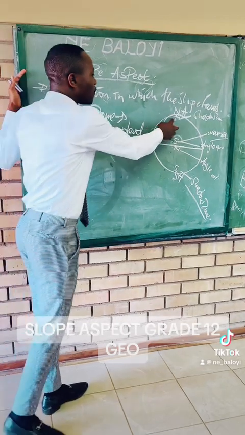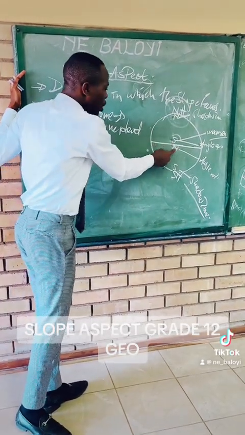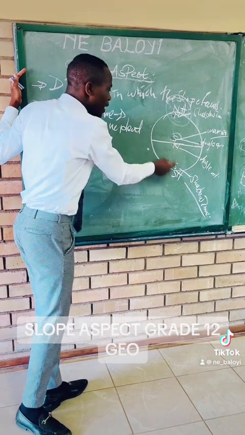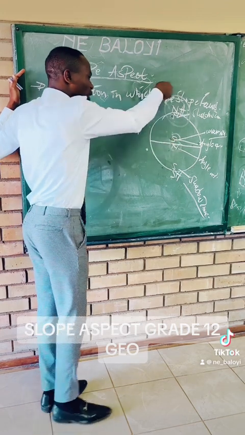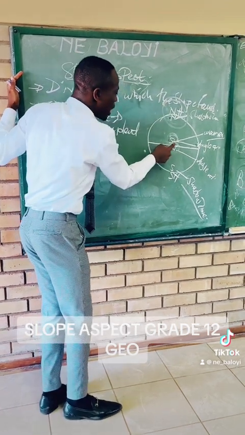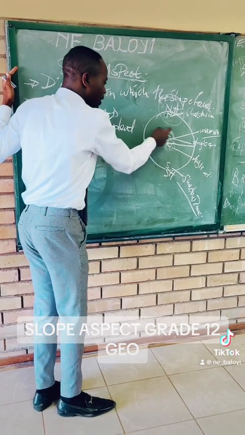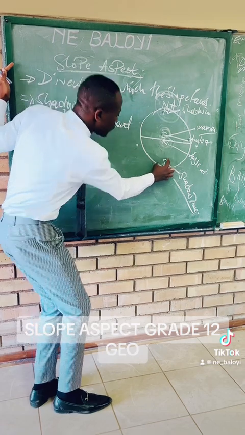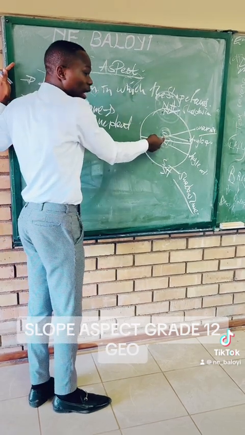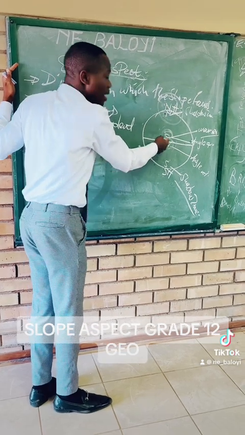Because the north of the northern hemisphere is far away from the equator, the north of the southern hemisphere is close to the equator. The south of the northern hemisphere and the north of the southern hemisphere are close to the equator, so they are going to be warmer. But the south of the southern hemisphere and the north of the northern hemisphere are far away from the equator.